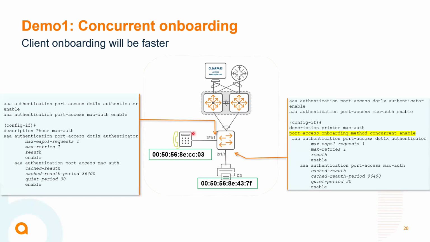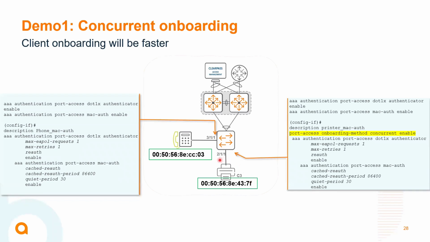The expectation is that the client where we are not enabling concurrent onboarding should take 162 seconds without any EAPOL timers. As you see here, I'm not going to configure these EAPOL timers on the device, to show you how the MAC auth client will be delayed without concurrent onboarding.